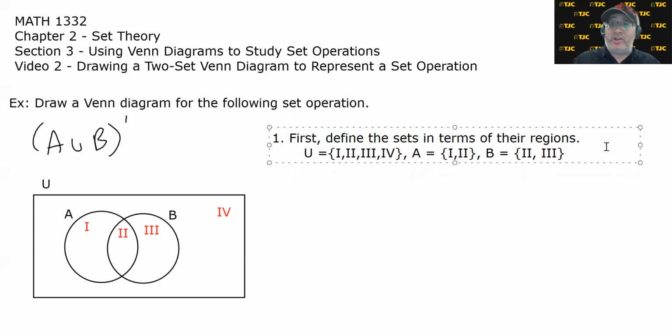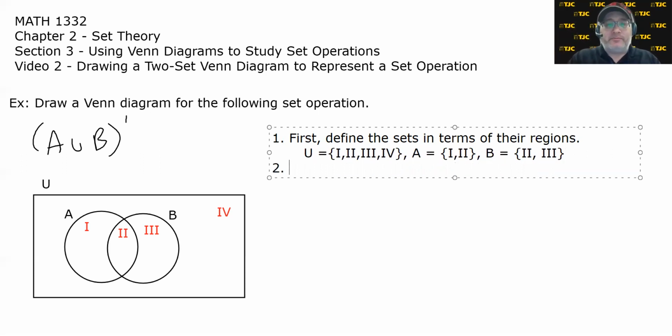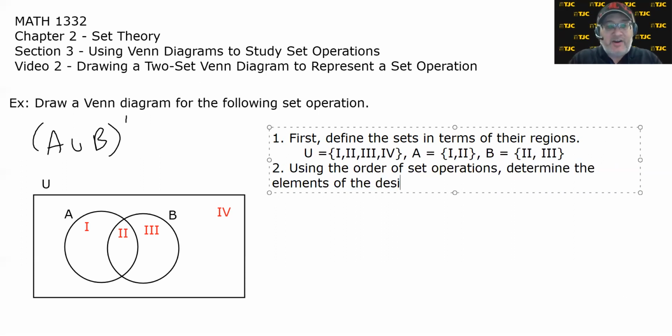And really, it's just a matter of looking at the picture and saying which numbers are in which sets. All right, step 2. Using the order of set operations, determine the elements of the desired set by using the results from step 1.